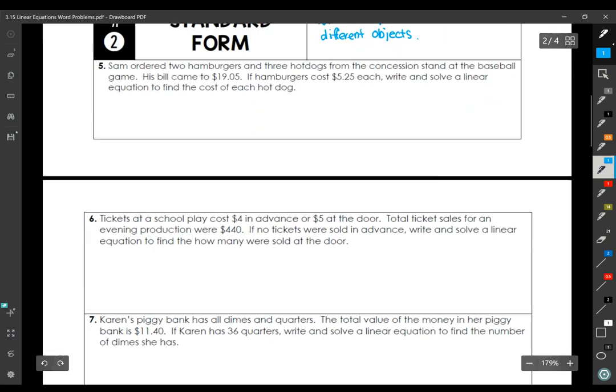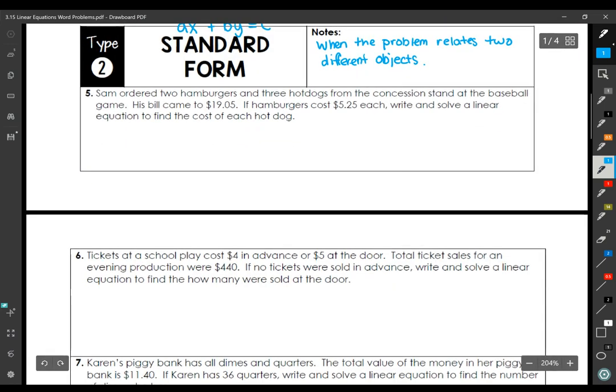Okay, so let's read the first question. Question 5. Sam ordered 2 hamburgers and 3 hot dogs from the concession stand at the baseball game. His bill came to $19.05. Okay, so I'm going to use this information to create an equation, and then we'll use the rest of the information later. So remembering, we still have to figure out what our x and our y is.